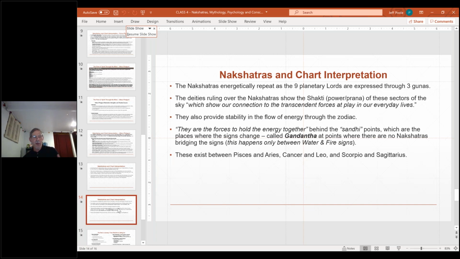And then when you see somebody in that sign with that Magha energy, it's first of all that Ketu withdrawal nature, which makes somebody say, I already know all that stuff. Ketu is what you brought with you, and Rahu is what you want to learn in the world. So Ketu is that person who says, I've already been there, I've done that.